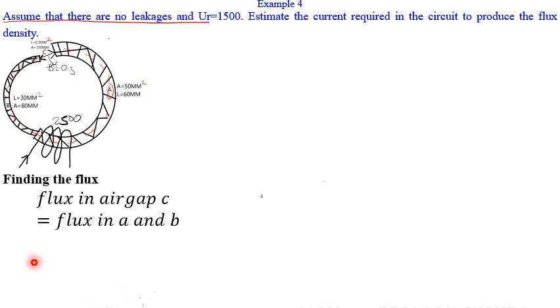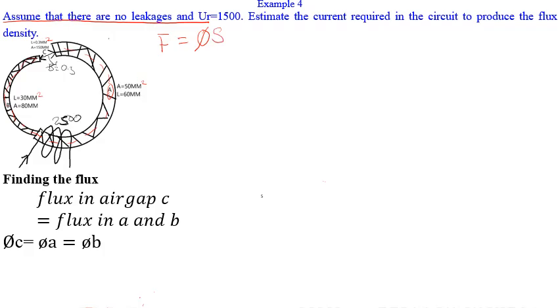After calculating the flux in C, we now need to calculate the magnetomotive force in A. The formula for the magnetomotive force F is equal to the flux times the reluctance.